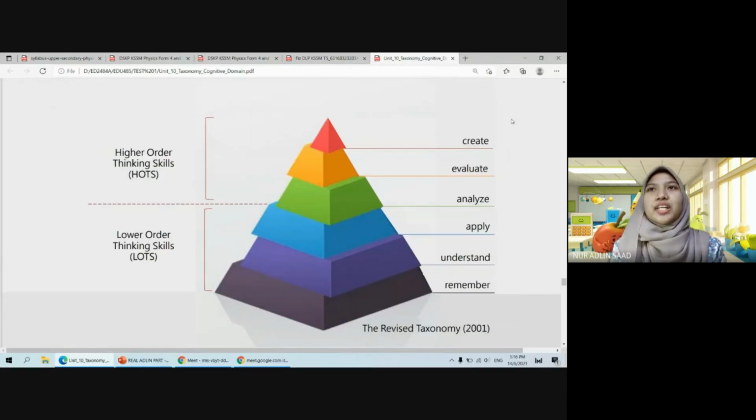Alright, so this is what I mean by the Bloom taxonomy and how I can differentiate the level of difficulty of each theme. So we can say that remember, understand and apply are under the lower order thinking skill, which is LOTS, and analyze, evaluate and create are higher order thinking skill, which is HOTS.